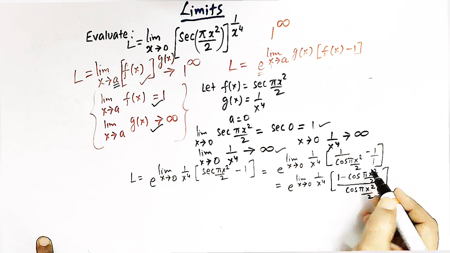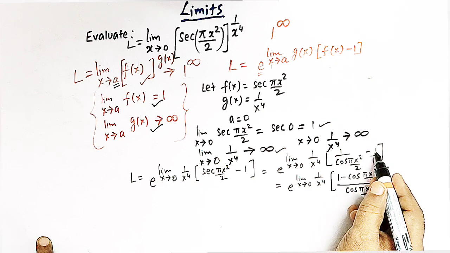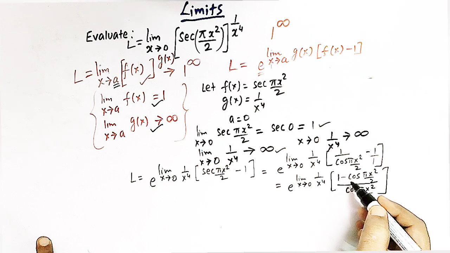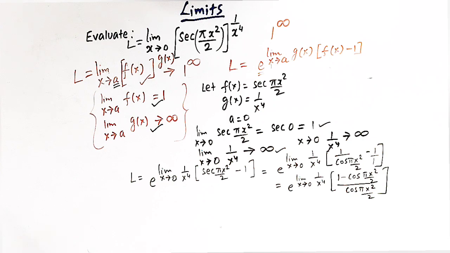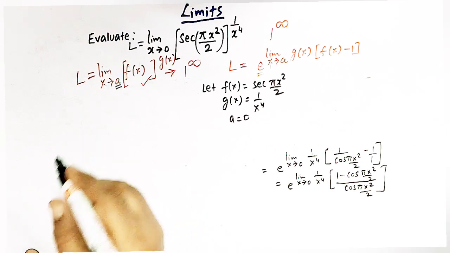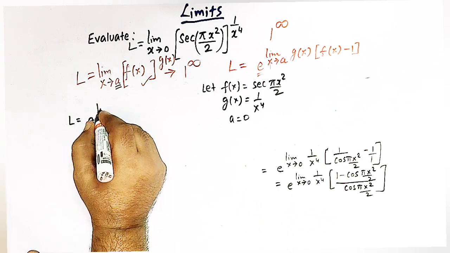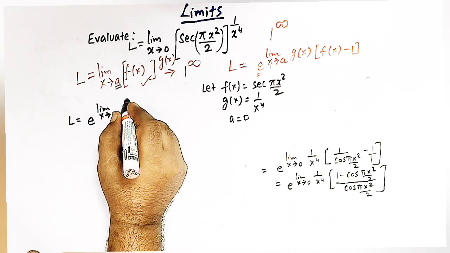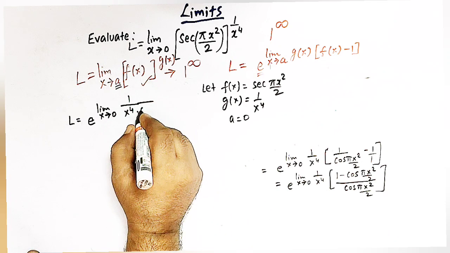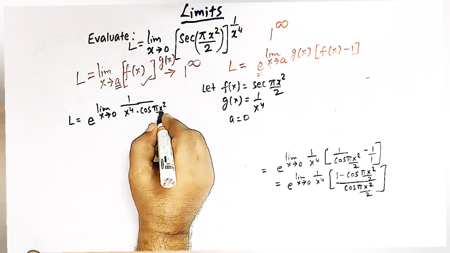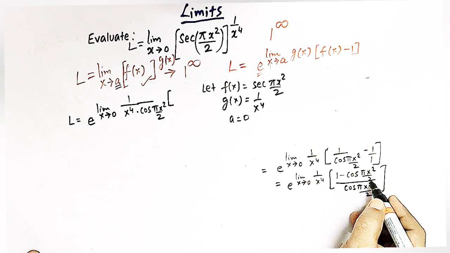Taking the LCM, we have cos(pi x square over 2) multiplied with 1, so in the numerator 1 minus cos(pi x square over 2), and in the denominator cos(pi x square over 2). So now L is equal to e raised to the limit x tends to 0 of 1 over x raised to 4, times 1 minus cos(pi x square over 2) in the numerator over cos(pi x square over 2).